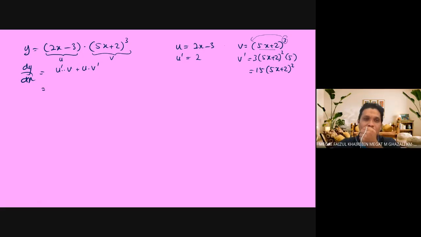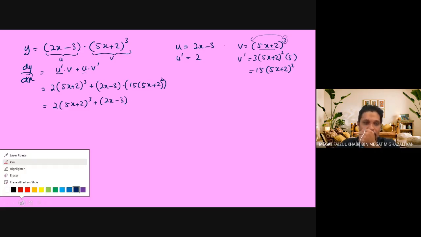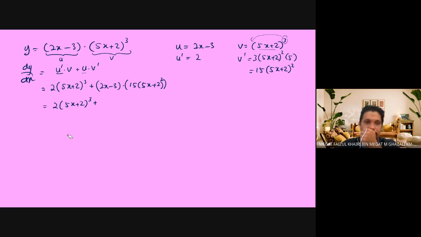So now u prime, which is 2, times v, (5x plus 2) cubed, plus u, 2x minus 3, times v prime, 15(5x plus 2) squared.